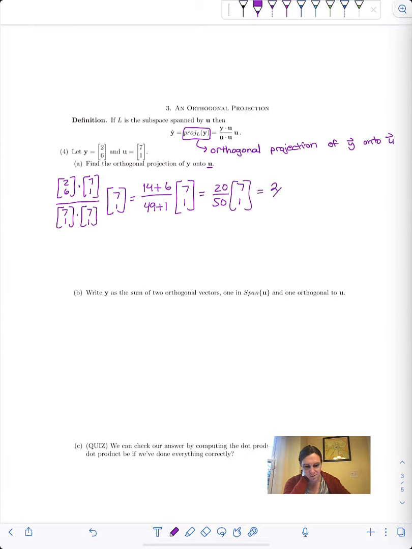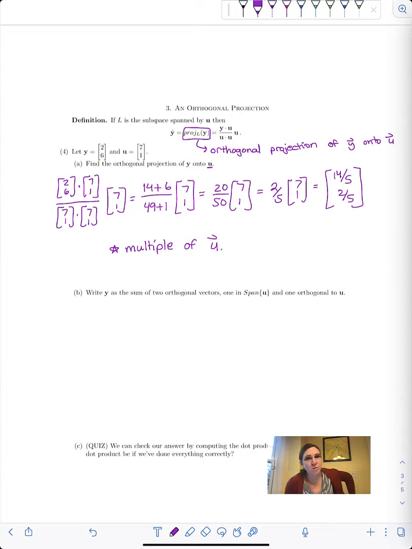So that's 2/5 of this vector, or we could write it as 14/5 and 2/5. And so note that this is a multiple of u. And that's exactly what we mean by a projection. We're saying we are taking our vector y and dropping it down to u.